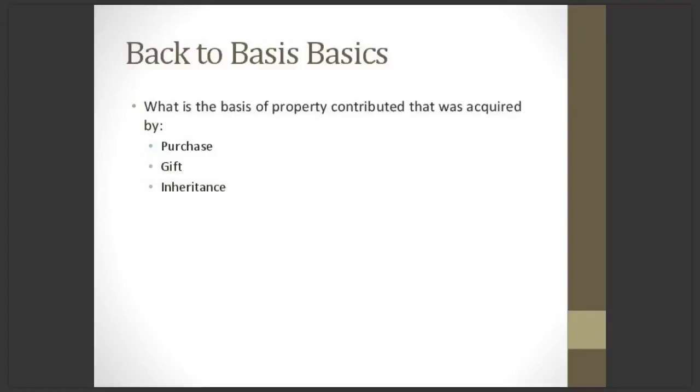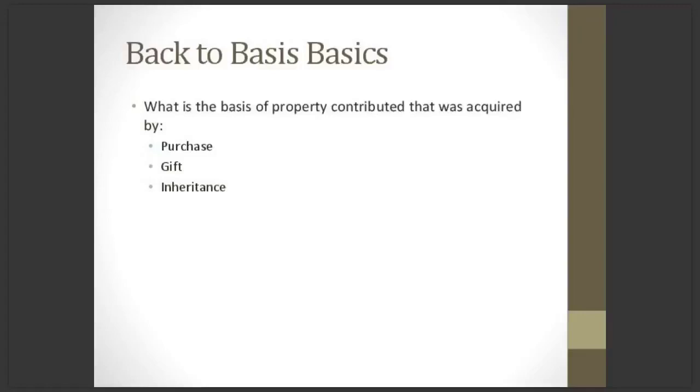Obviously, we pretty well know what it is when we make a purchase of an item. We know what our basis is in that item. It's the cost, and maybe adjustments to that that are either going to increase or decrease what our ultimate cost is in that basis. We come up with an adjusted basis. So we want to discuss those kinds of things.